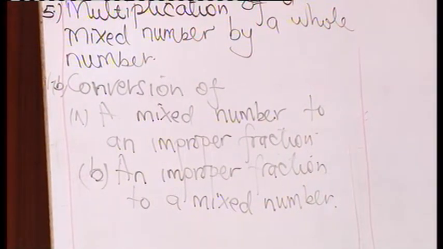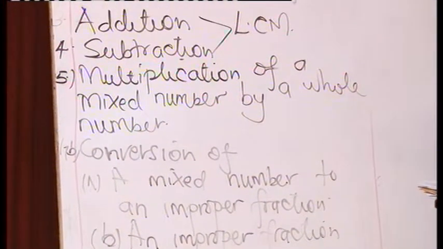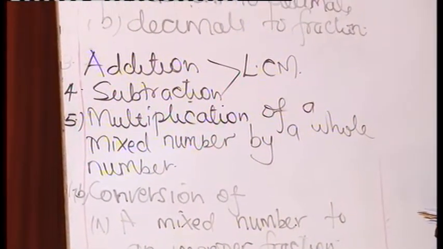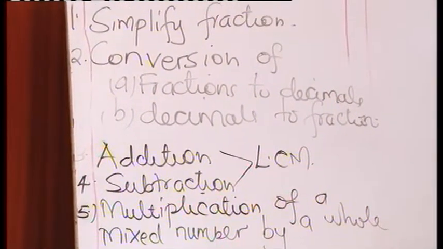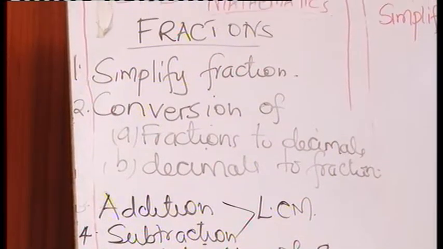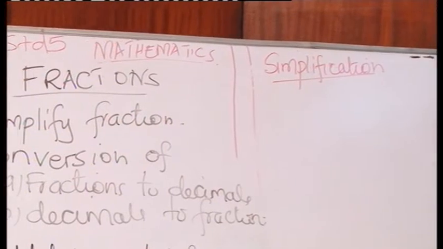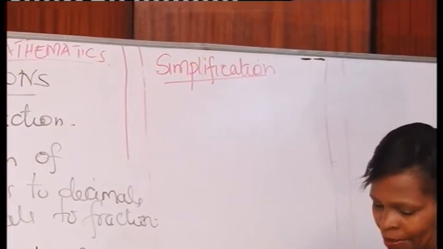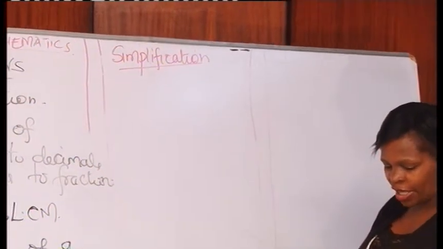Now, if you go to the first part, whereby we do the simplification, this is where we will be simplifying a given number so that we can get a smaller fraction.